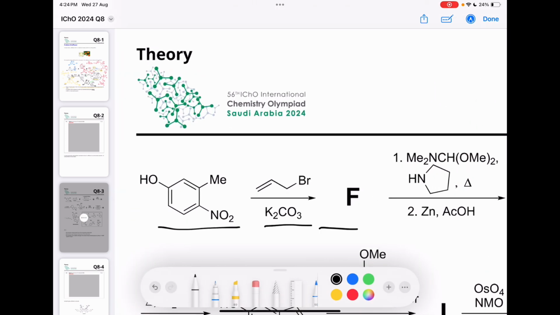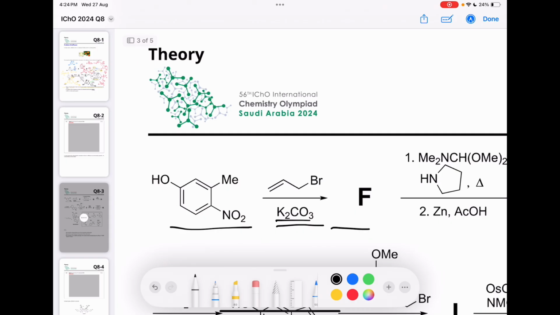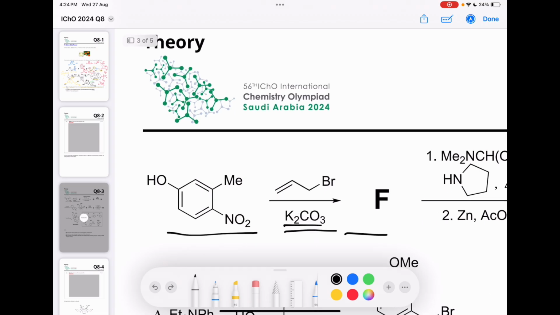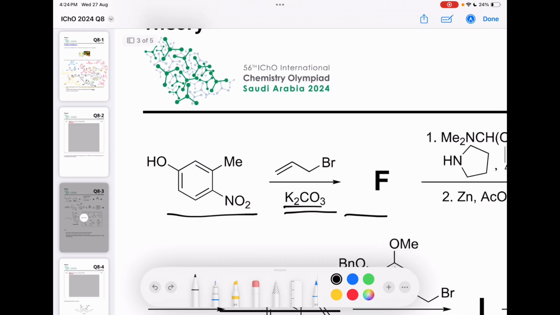Well, we have a weak base, K2CO3. So where in the starting material or reagent is acidic that will react with a weak base? Well, we have a phenol group here. The phenol group is mildly acidic, so this H will get deprotonated.